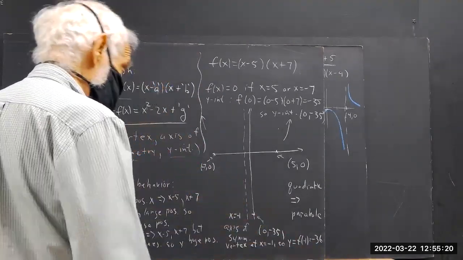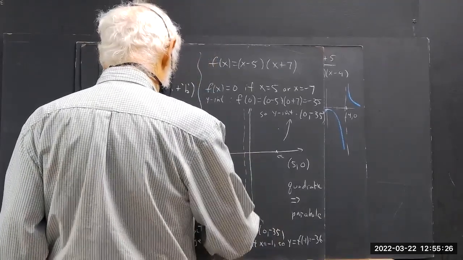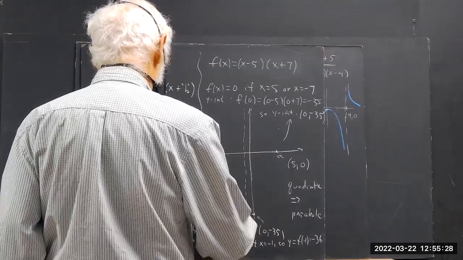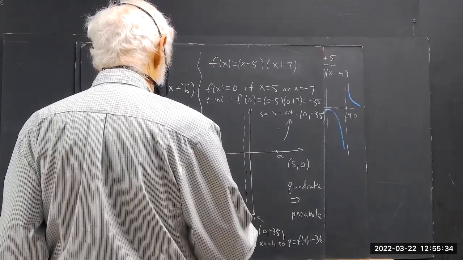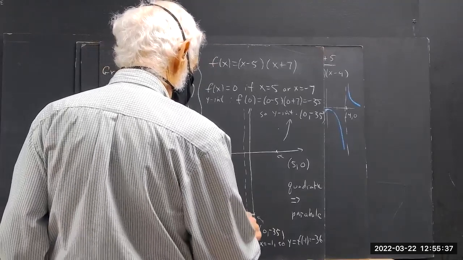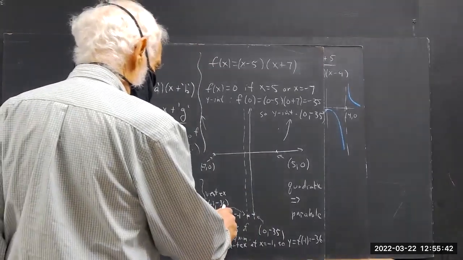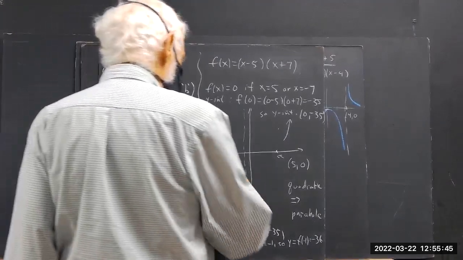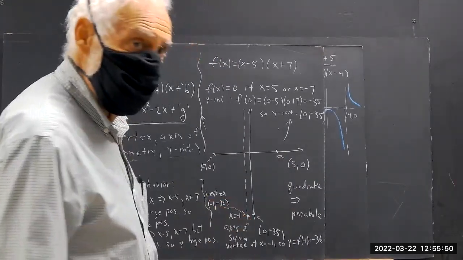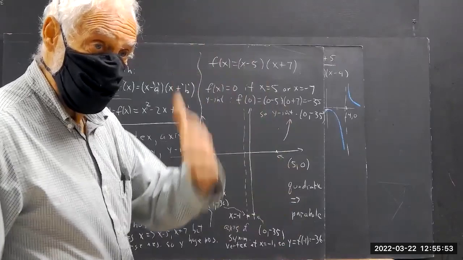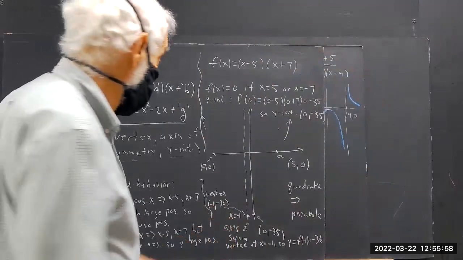And there's your vertex, at x equals -1 and y equals -36. Now we've got 3 points on the graph and a fourth one here. The vertex is the extreme point for the parabola. It's either the low point if the parabola opens upward or the high point if it opens downward.